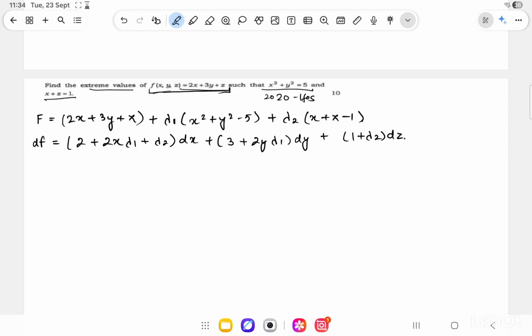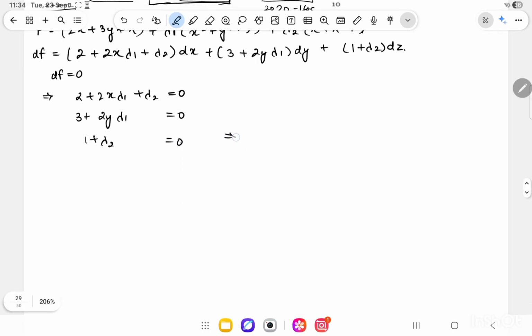Now if I equate the total derivative to 0, I'll get three relations: 2 plus 2x lambda 1 plus lambda 2 equals 0, 3 plus 2y lambda 1 equals 0, and 1 plus lambda 2 equals 0. If I solve these, from this equation I'll get lambda 2 equals minus 1. Let's name it star. Now let's name the first two equations 1 and 2.